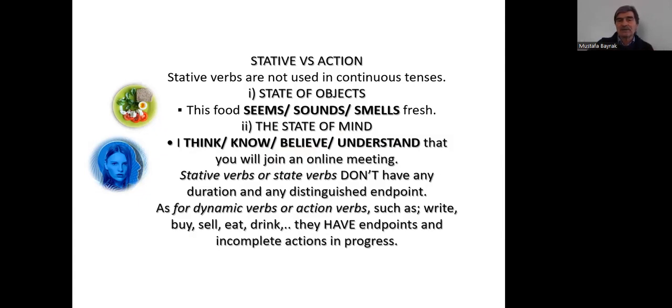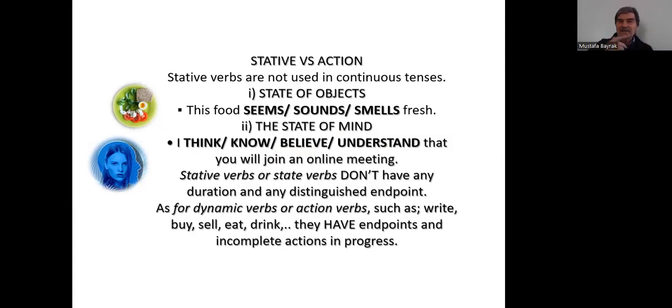We have studied number one in the previous presentation. Now in this presentation, we will study Roman number two, which is the state of mind. For example, I think, I know, I believe, I understand that you will join an online meeting. This is the state of my mind.